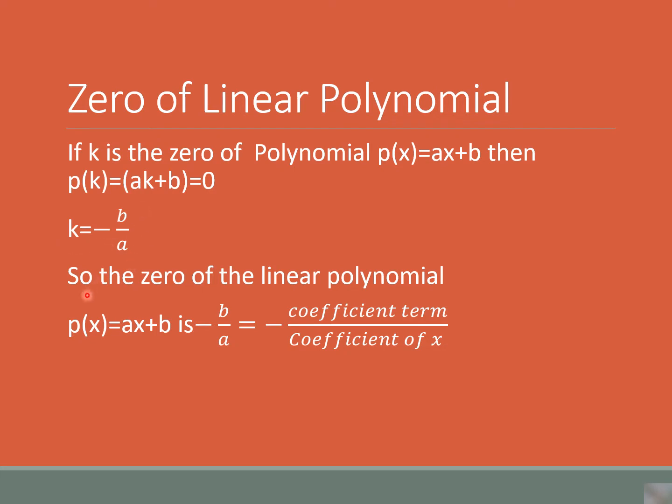So you can see that the zero of a linear polynomial is actually minus b by a, which is minus the constant term divided by the coefficient of x. The coefficient of x is a here and the constant term is b here. So you can see a clear relationship between the zeros of the linear polynomial and its coefficients.